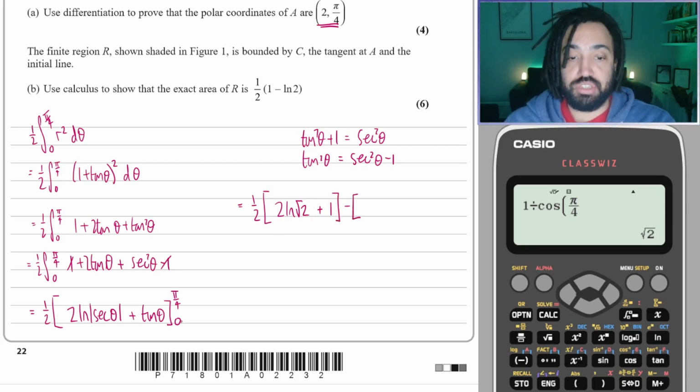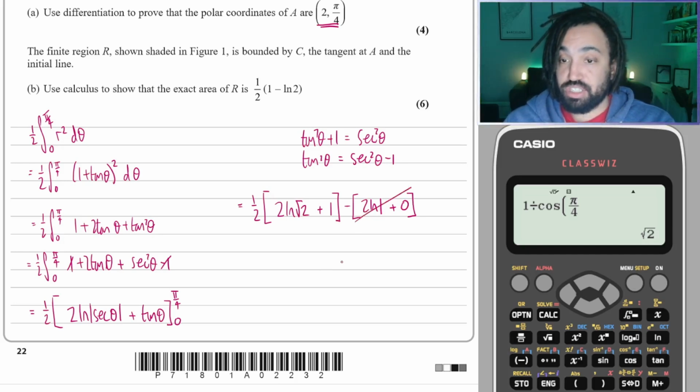And then when I sub 0 into cos first, we get 1, and then sec is 1 divided by that, so that is 1. So that's going to be 2 ln 1. And then when I sub 0 into tan, that's just going to give me 0. Okay, and what is ln 1? Ln 1 is 0. So this final bracket is just 0.